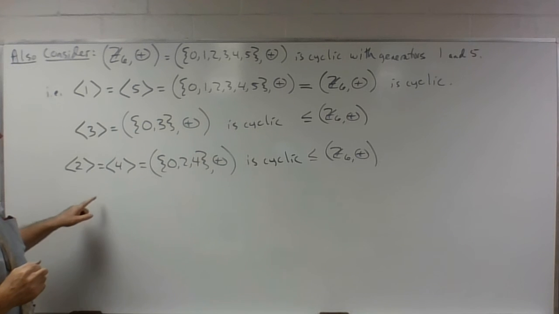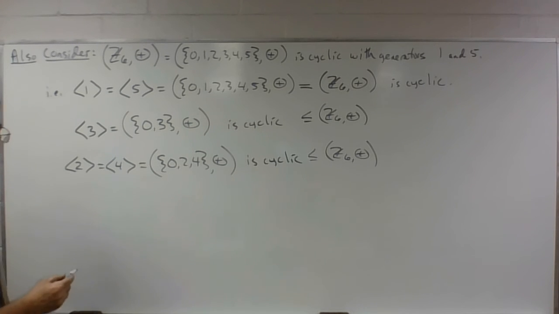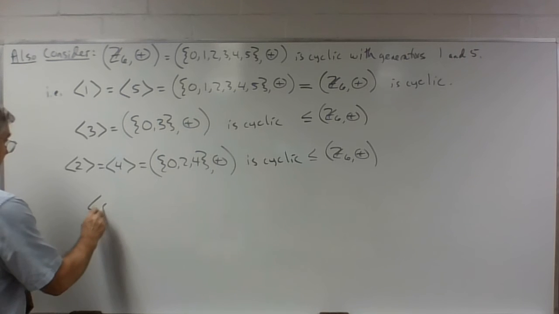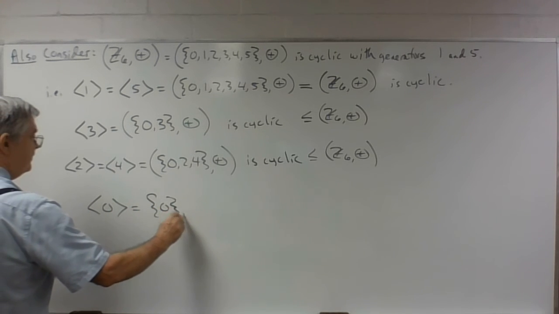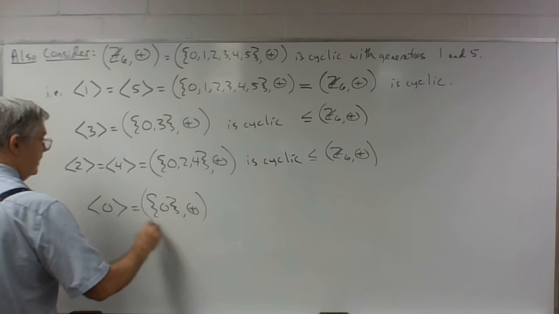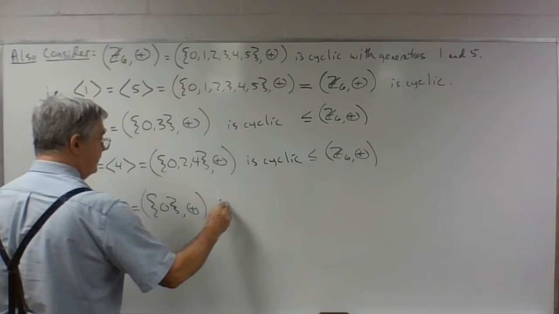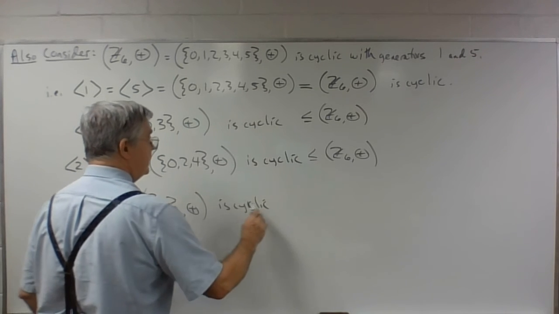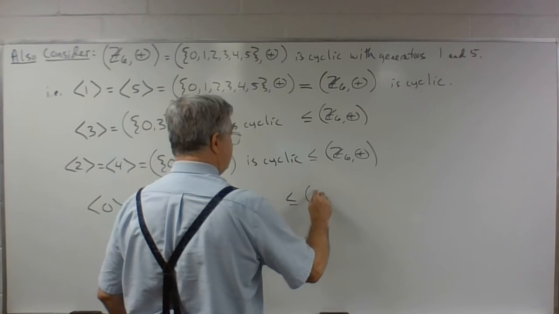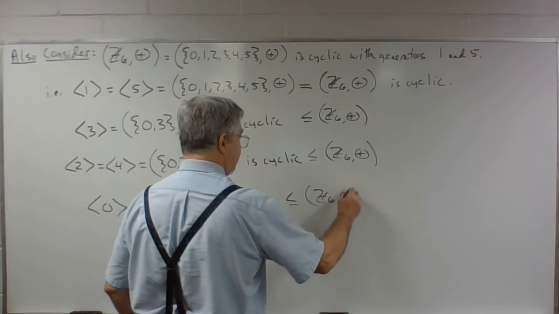Oh, let's see, I have one more subgroup, don't I? Yeah. The subgroup generated by 0. And trivially, that's cyclic. 0 generates itself, that's about it. And that's a subgroup of Z6.